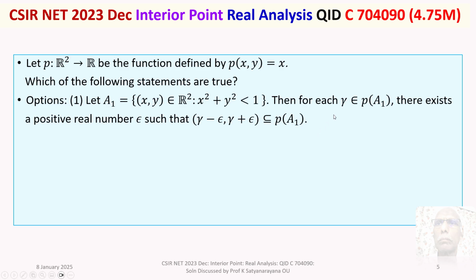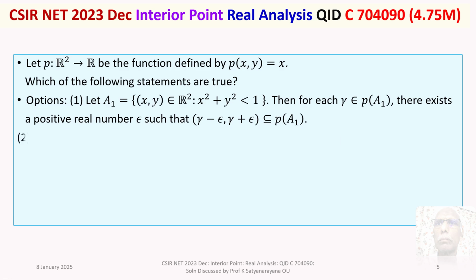It means to say that for each gamma belongs to P of A1, we find an epsilon neighborhood of that gamma which is entirely contained in P of A1. It amounts to say that gamma belongs to P of A1 is an interior point of P of A1.